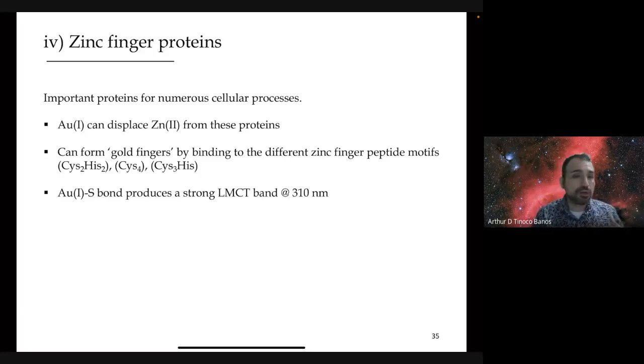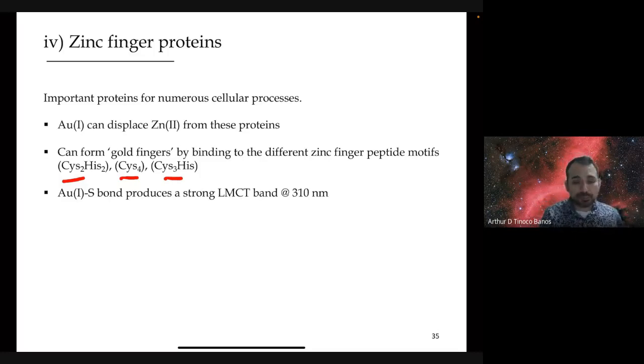This is a form of transmetallation, and what you can essentially form are gold fingers, the gold-substituted form of the zinc fingers. They can bind to the different zinc finger peptide motifs, the typical motifs that coordinate a zinc, and the gold can substitute for the zinc in this context.